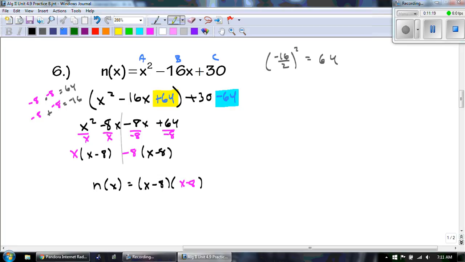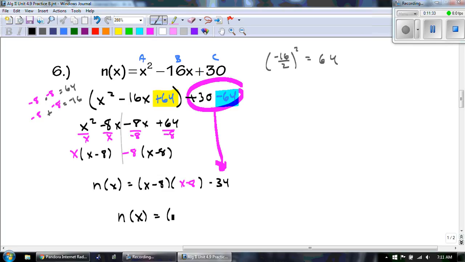And the 30 minus 64 is what? 30 minus 64, negative 34. So n of x equals x minus 8 quantity squared minus 34.